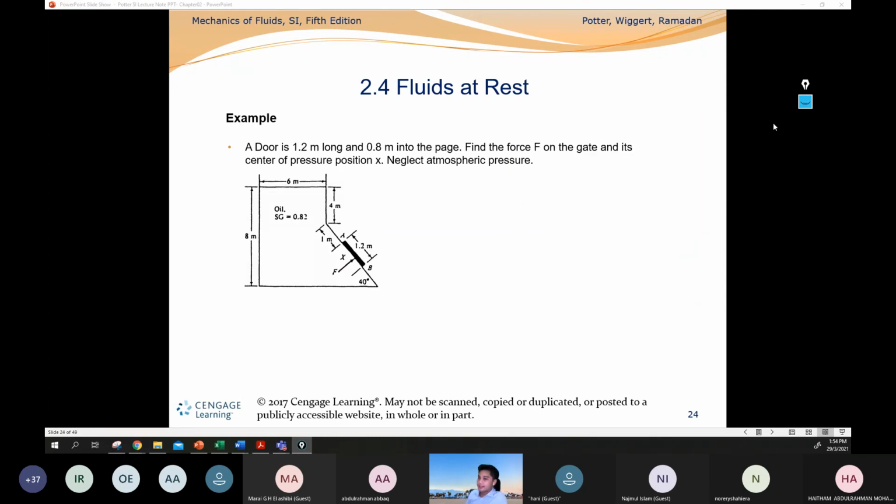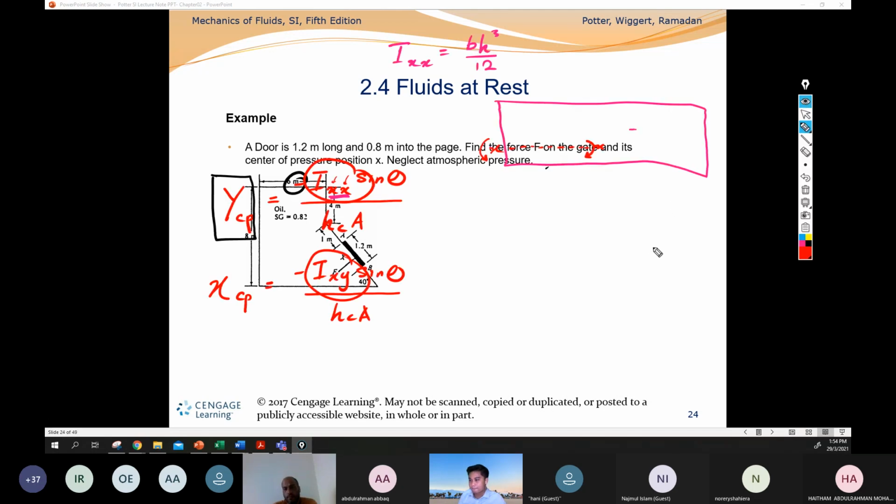Okay, I think that's all for today, because in this section I have covered the theoretical part, which covers the resultant force as well as the location of the center of pressure. Do you have any questions, everyone, before we end our session?